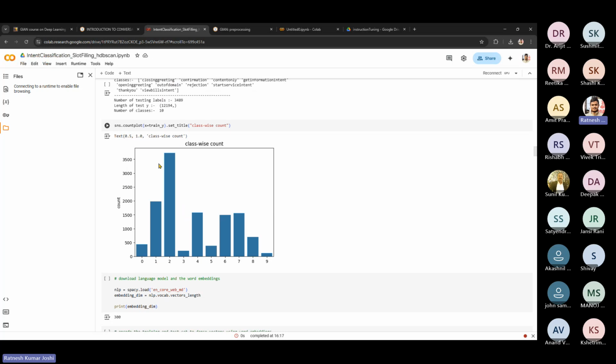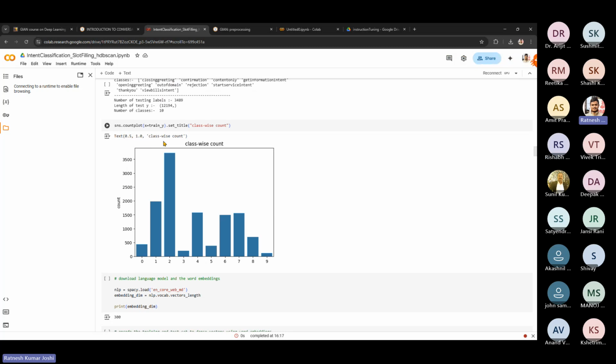And because class number 2 has a lot of examples, there's a high chance that when we train the model, the performance for class 3, class 9 would suffer, right? Because our data does not represent these classes equally, the model would be more biased towards certain classes, right? So we have to visualize these kinds of things.